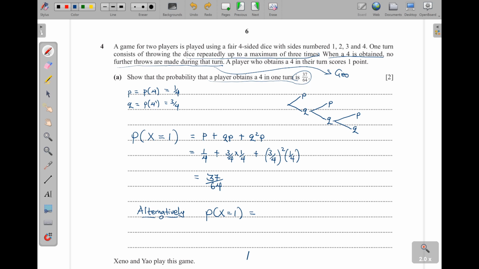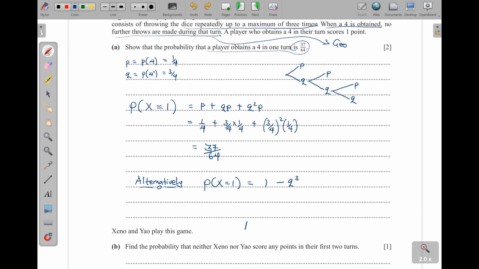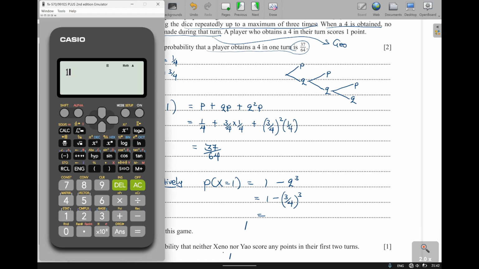That means I can say the total probability, which is 1, then minus q cubed. Instead of me adding all of this, I can just get this one which is left out, and then subtract it from 1. So if we say 1 minus 3 over 4 cubed, do we get the answer? We have 1 minus, then 3 divided by 4, and then we cube it.